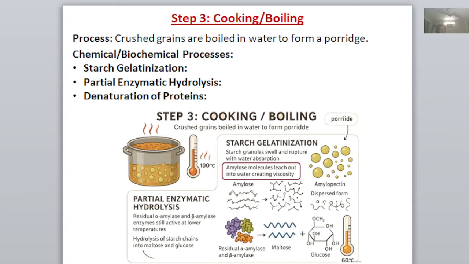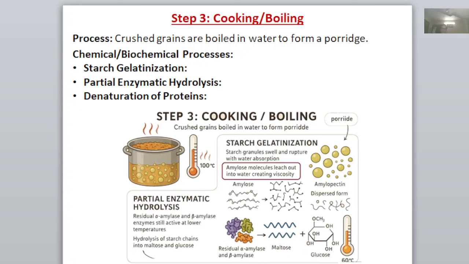The third step is the one in which the boiling takes place. So if we are doing the boiling, it means in this process the gelatinization is taking place. Gelatinization means the temperature is high, all the network has broken out, and the alpha amylase and beta amylase have converted approximately all the starch molecules into maltose and glucose.